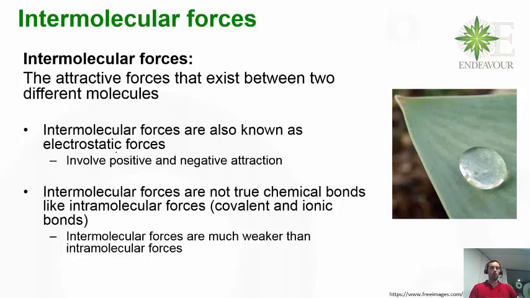So you might hear intermolecular forces being described as an electrostatic force, and this is true because essentially it's relying on an attraction between part of one of the molecules that is a bit more positive and another part that is more negative. So that's where the electrostatic definition comes in here. But remember, the intermolecular forces are not true chemical bonds, so nowhere near as strong as covalent or ionic bonds.